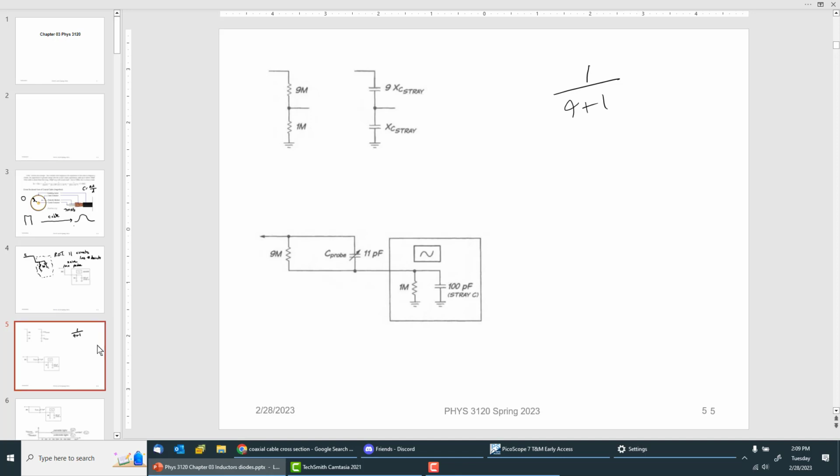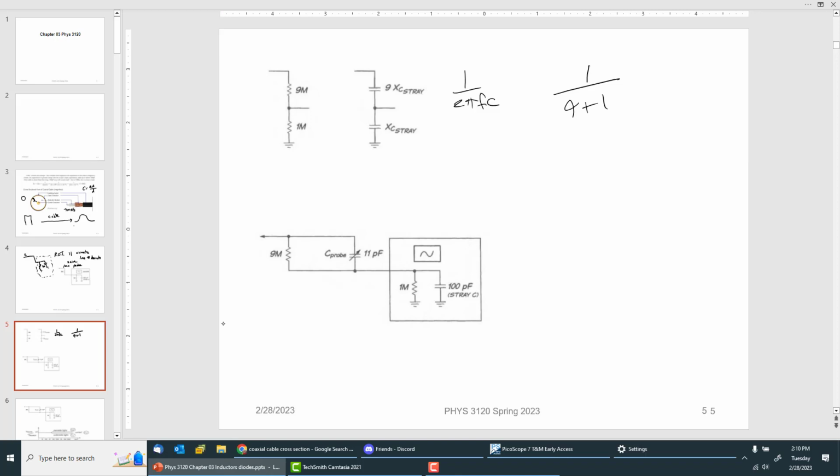So then what we do is we form a voltage divider with two capacitors so that no matter what frequency we're at, we still get the 10-to-1 reduction. Now notice that the reactance is 1 over 2 pi f C, and that's a way to remember.